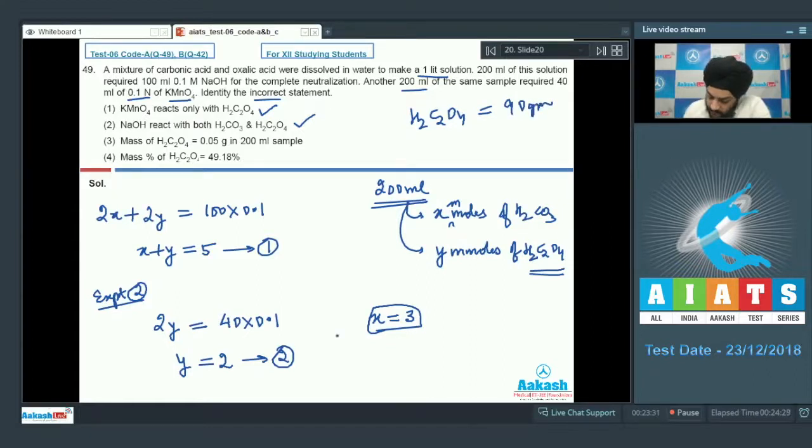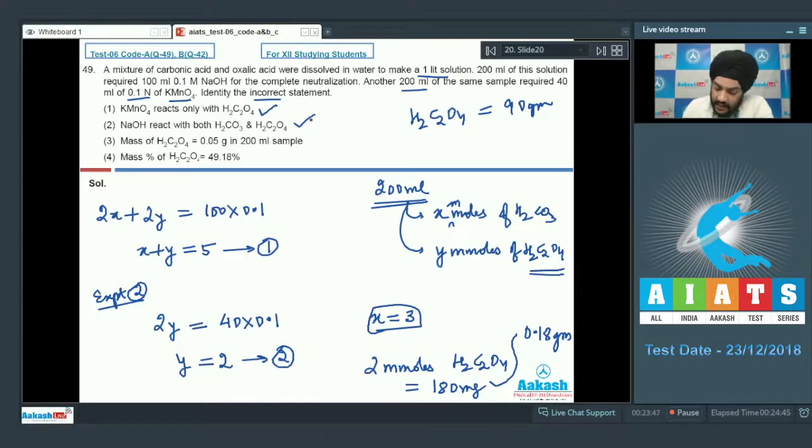So the mass of 2 millimoles of H2C2O4 is going to be equal to 180 milligrams or 0.18 grams. So students, we can clearly see that the third statement is incorrect and we have to select this option as the correct answer to our question.